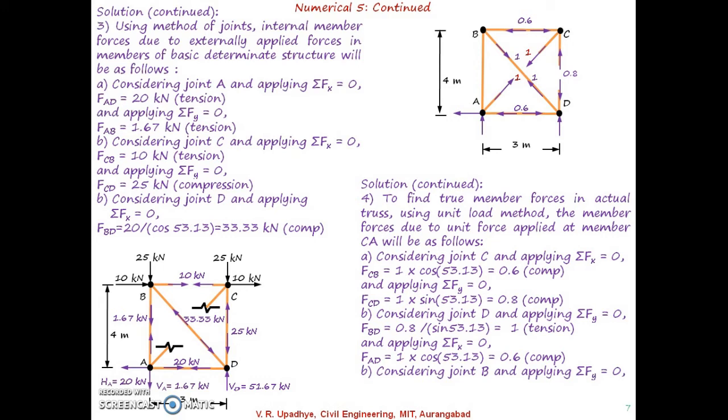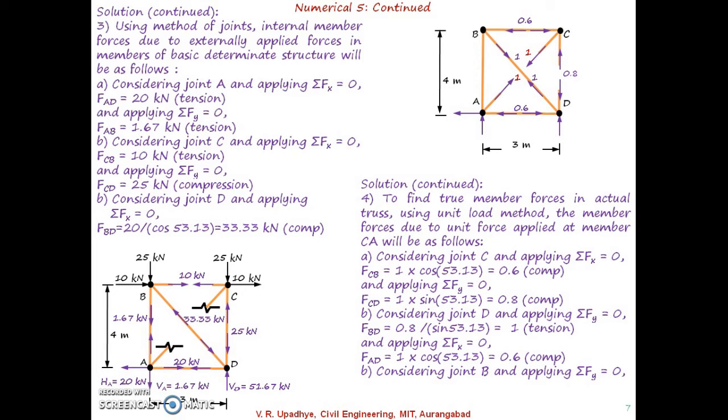So if we go further and consider joint B, and at joint B apply summation Fy equal to 0, we have FBD at joint B. So the vertical component of that will become 1 with sine 53.13, and that is downward, so that will be minus.